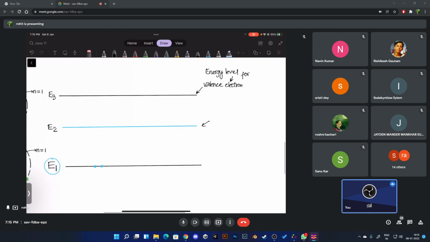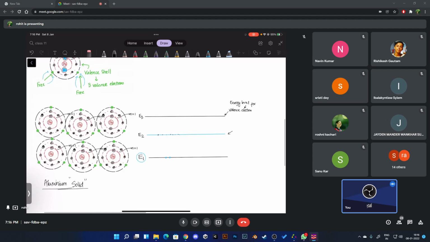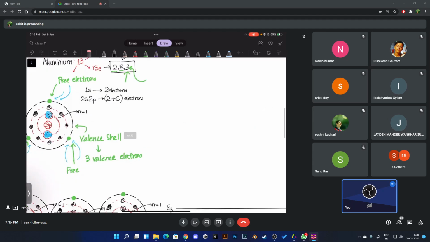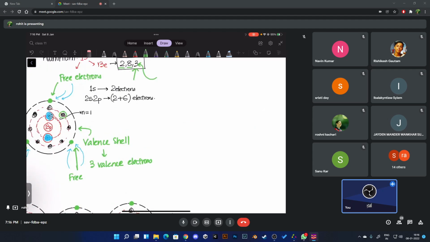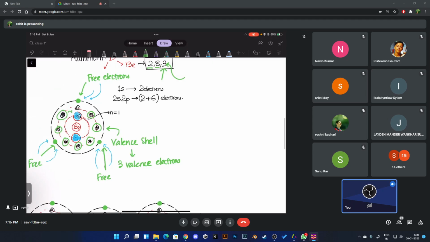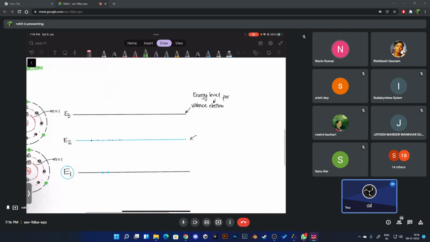These are the ones for those 8 electrons. How many dots should I draw? 1, 2, 3, 4, 5, 6, 7, 8. Can you understand what I'm trying to do here? I'm just arranging. These 8 electrons have energy. Do they have the same energy as the innermost ones, or more? More. So they have an energy E2, which is greater than E1.